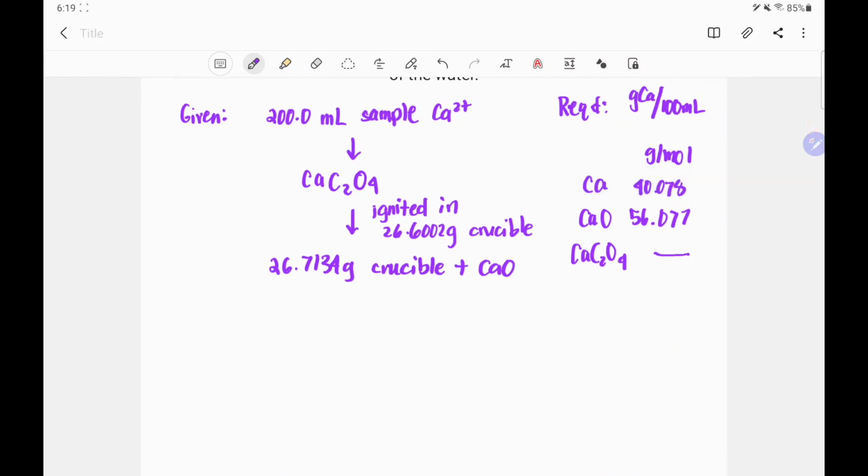For a problem like this, it's very smart for us to start from the bottom and work our way backwards. We know that if we subtract the empty and the filled weights, we are able to retrieve the grams of calcium oxide.